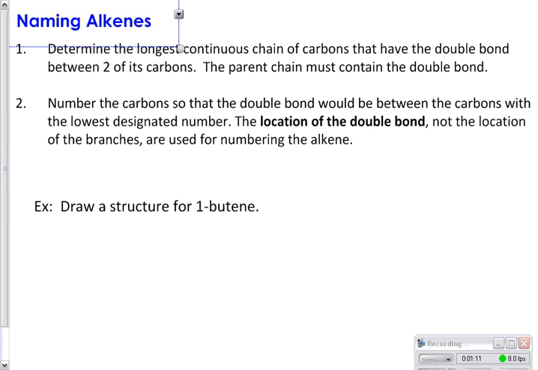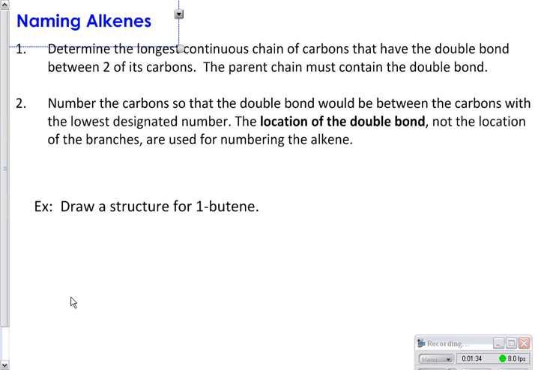So if we look at the rules for naming alkenes, the first thing you'd want to do is determine the longest continuous chain of carbons, but this time it has to contain the double bond. So the parent chain has to have the double bond. Then you number the carbons so that the double bond has the lowest number.